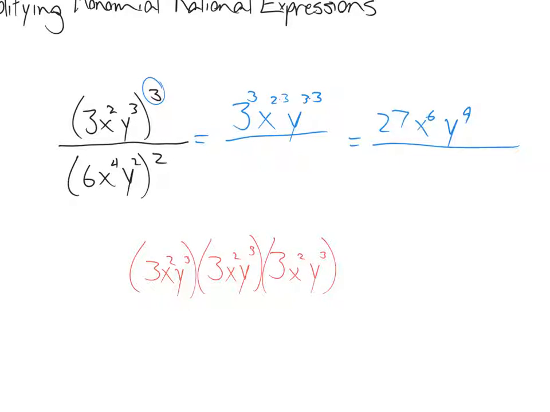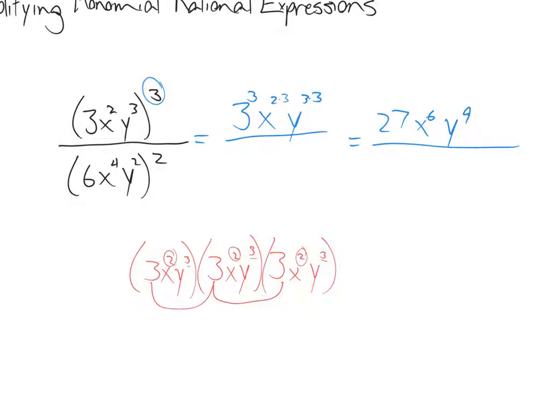So if you multiply all that together, you have 3, 9, 27. You have x squared times x squared times x squared. You add those exponents, you have x to the sixth. And you have y cubed, cubed, cubed. You add those, you get y to the ninth, okay? This is where that rule of just multiplying the exponents is derived from, okay?